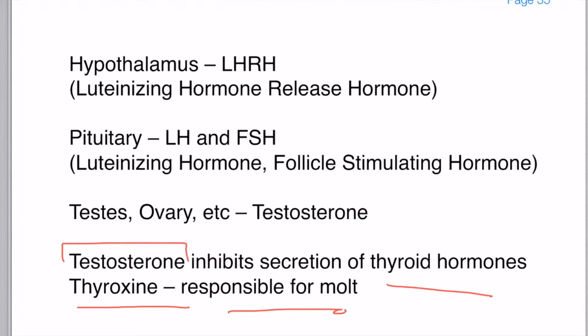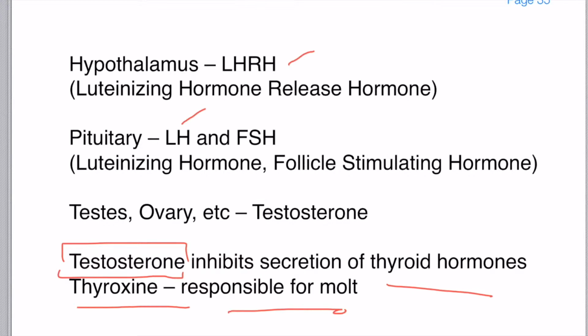So during the breeding season, when testosterone is being produced as a result of this cascade of luteinizing hormone releasing hormone, then luteinizing hormone producing testosterone, it inhibits the production of thyroxine so the birds don't molt while they're breeding. Once breeding season is over, those testosterone levels decline, thyroxine is produced, and now we start having molt going on.